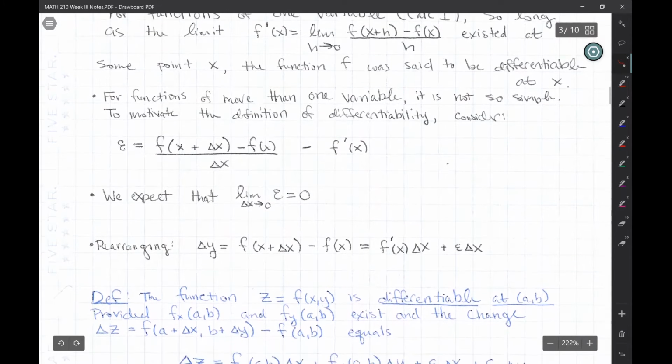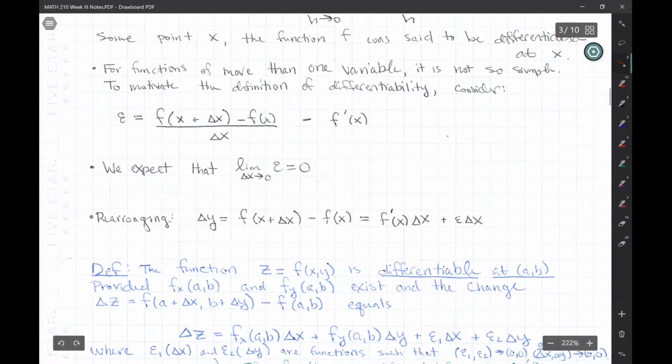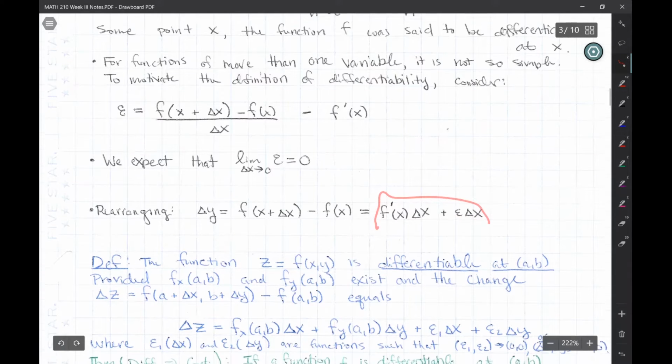So that works. We could rearrange this equality here, and by just multiplying by delta x and rearranging terms, we have delta y here given by f at x plus delta x, which you could think of as f at x plus h, minus f of x, is equal to this term here.